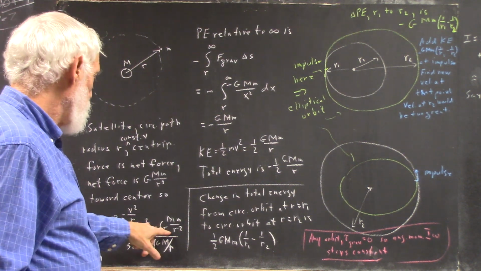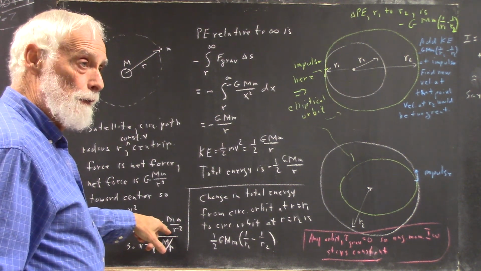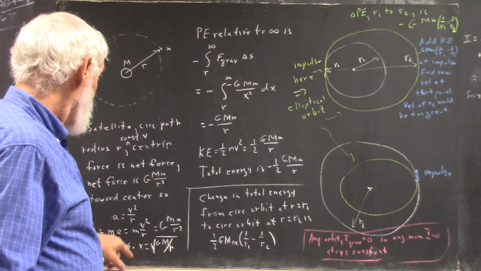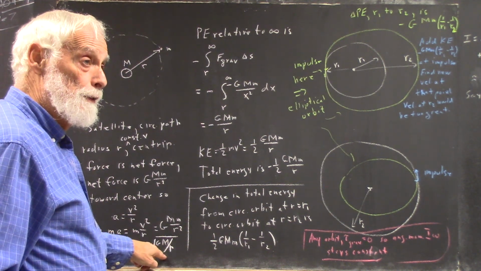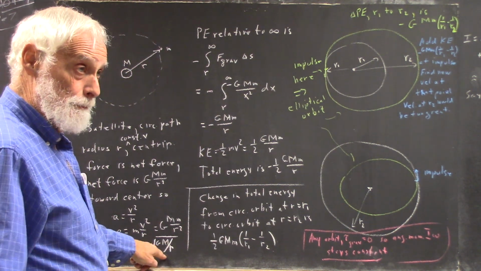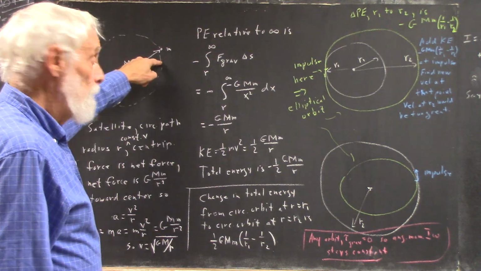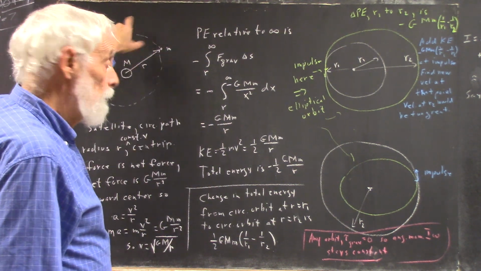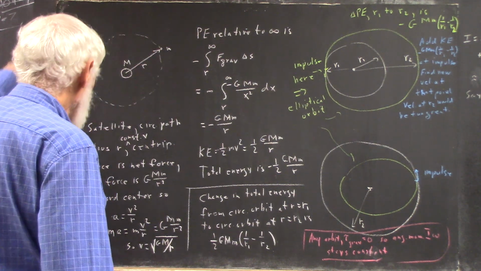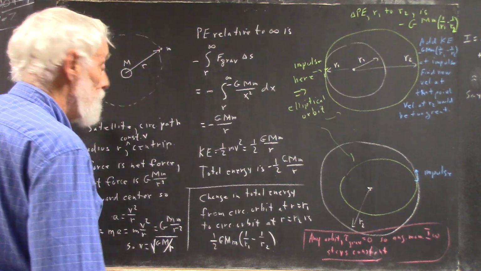So the gravitational force is what gives you the centripetal acceleration. And the gravitational force, G times big M little m over r squared, has to equal the centripetal force. Solve that for v, you get v equals the square root of G big M over r. So we know the speed this thing has to have to be in a circular orbit. You give it more speed, you take it out of the circular orbit and it goes into some kind of an ellipse, okay?